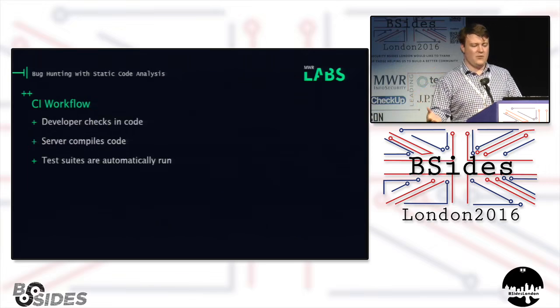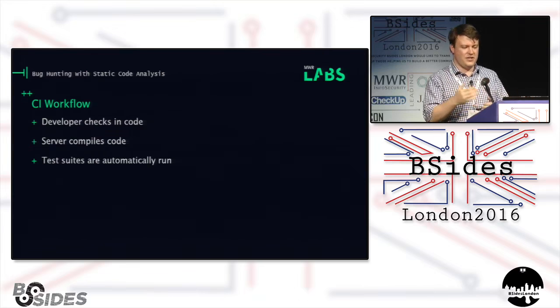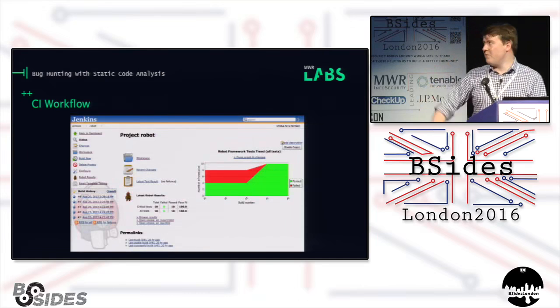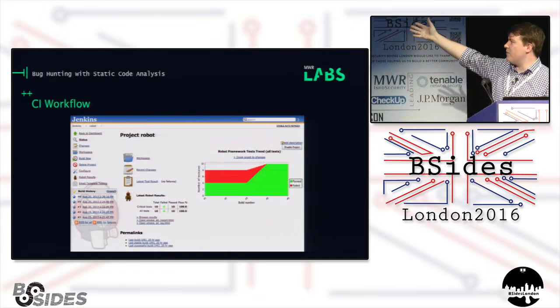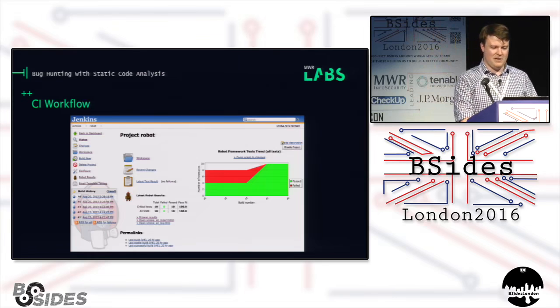But broadly speaking, the workflow that most CIs follow is: developer checks in code to the central repository, server compiles, interprets, etc. Test suites are automatically run as part of that, and so we bolt our static analyzer in there. Most of the tooling, this is Jenkins, but most of them will provide you a nice little graph that shows whether you're passing or failing and how much you're passing and failing and so on.